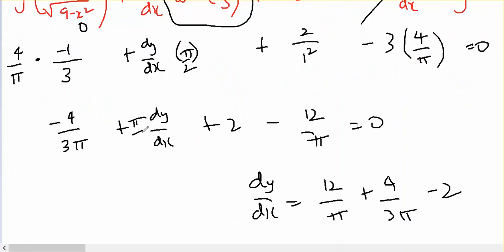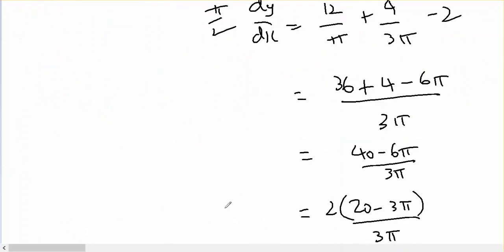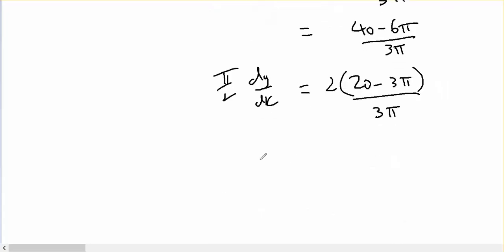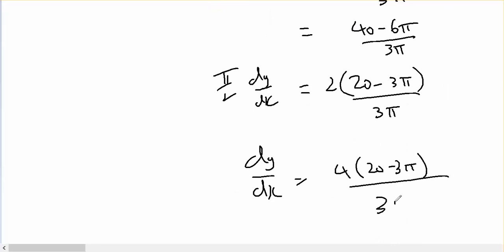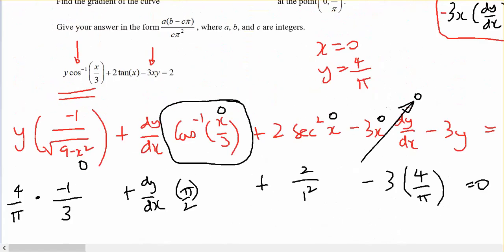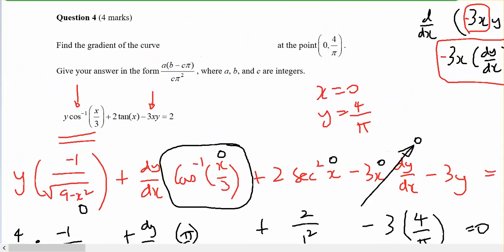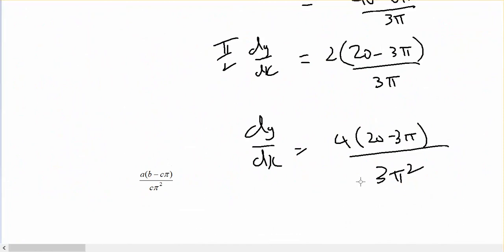So that's pi on 2 dy/dx, which means dy/dx will equal 4, 20 minus 3 pi on 3 pi squared, and I've got to put it in this form, and that looks like this form. So A is going to equal 4, B is going to equal 20, C is going to equal 3, and that's correct.